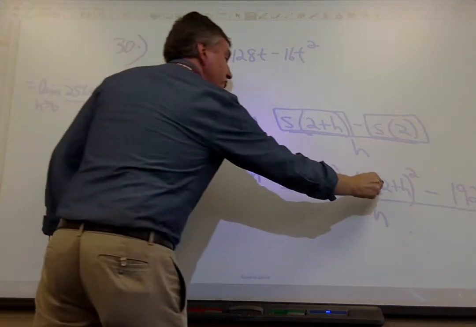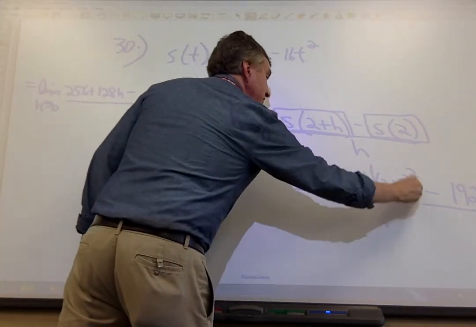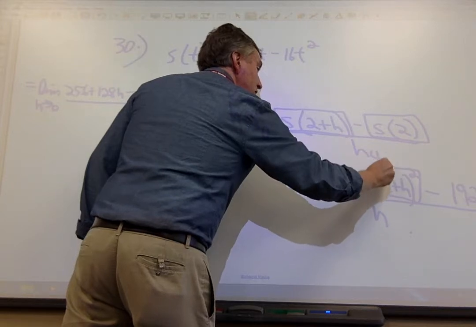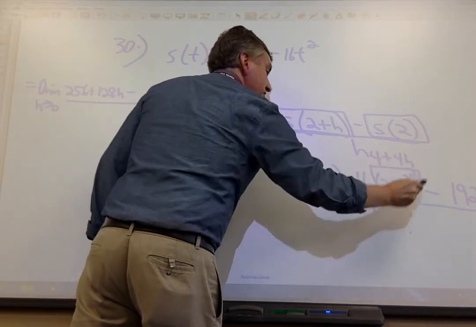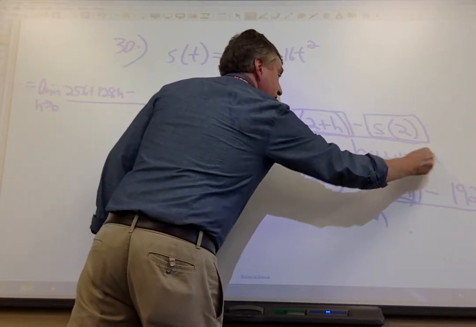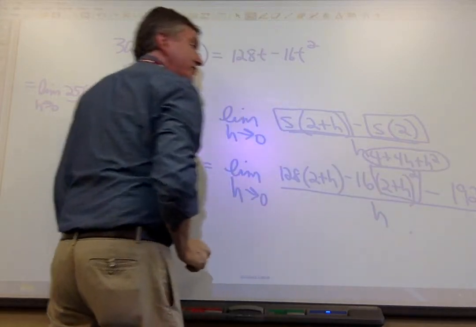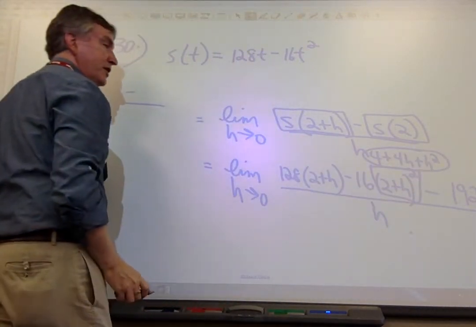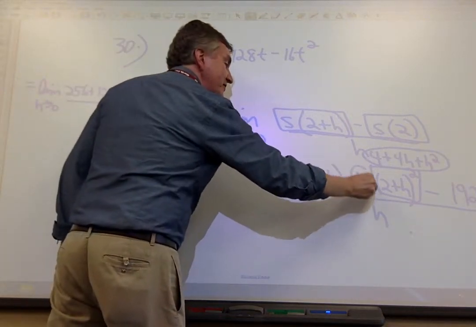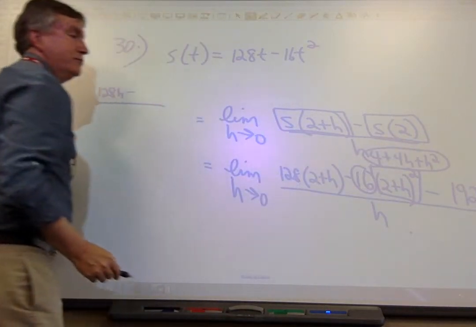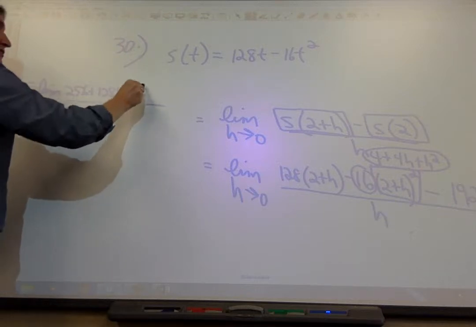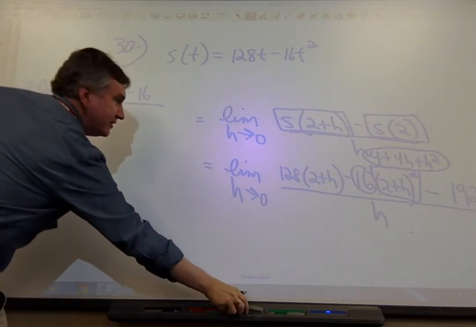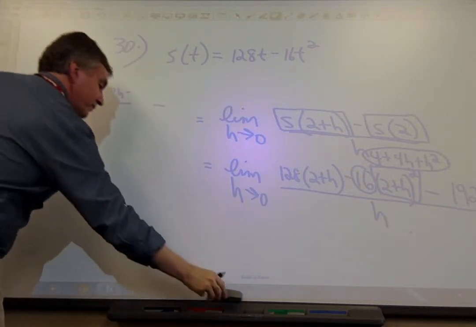Minus, if you agree to distribute this out, it's going to be 4 plus 4H plus H squared in that box. 2 plus H times 2 plus H. I've got to distribute this 16 to each of those three terms. Minus 16 times 4 is 64.